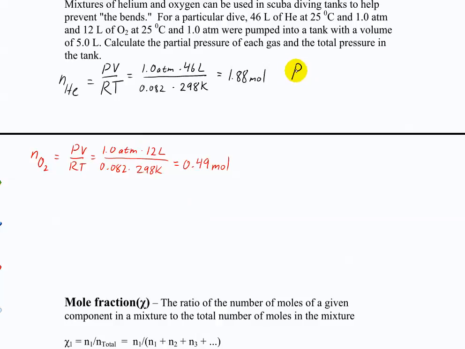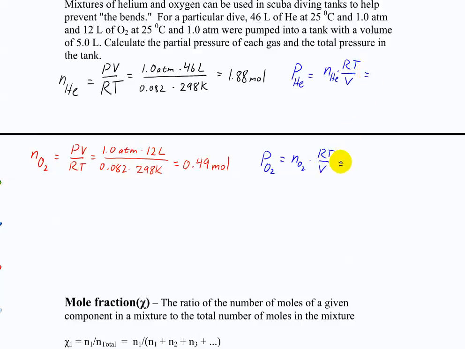So the partial pressure due to helium is going to be the moles of helium times RT over V. All right, nRT over V. And the partial pressure of oxygen is going to be the moles of oxygen times RT over V. So it's just solving the ideal gas law for each individual pressure.